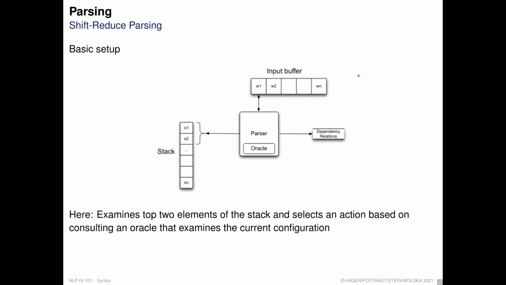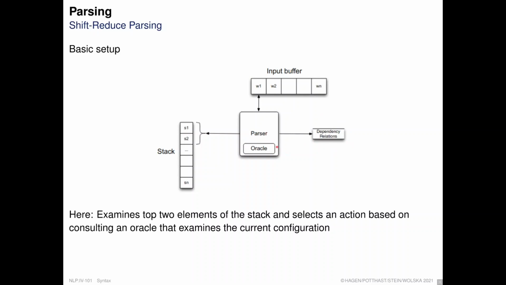Okay, so here we have our basic setup. We'll have a stack, a data structure. We'll have a parser. This parser will be making decisions about how to attach relations. We'll have our input buffer here, and we have our dependency relations here.